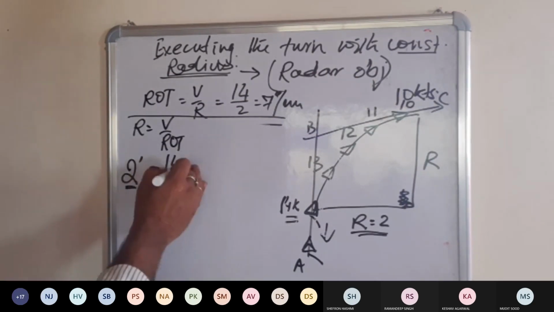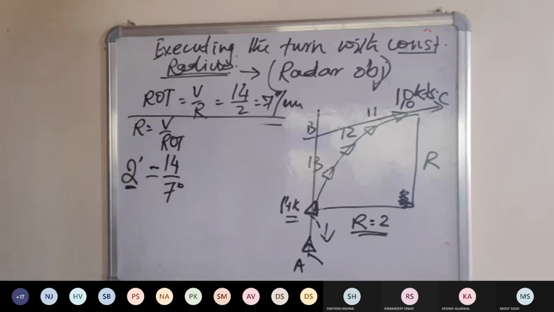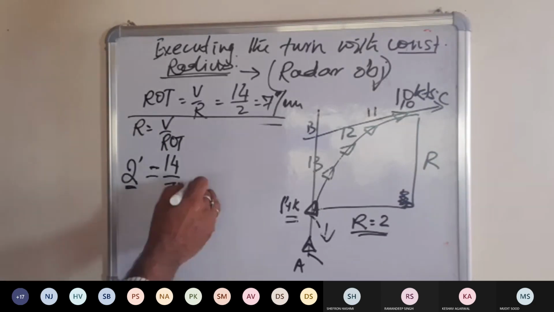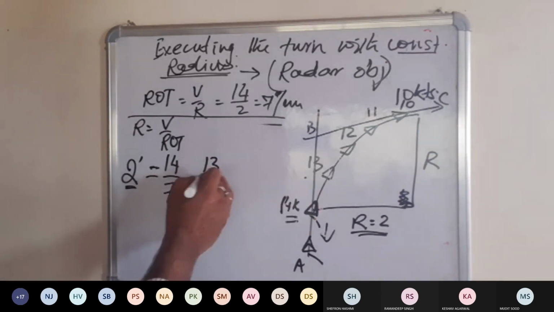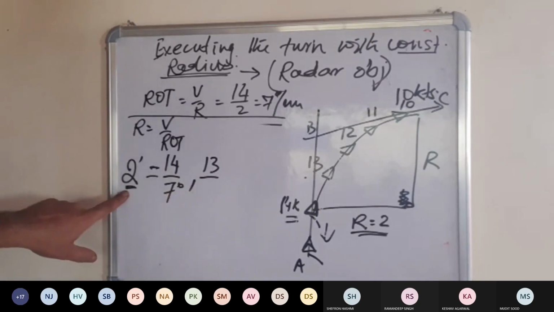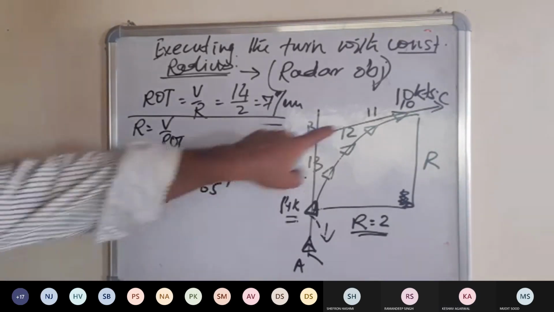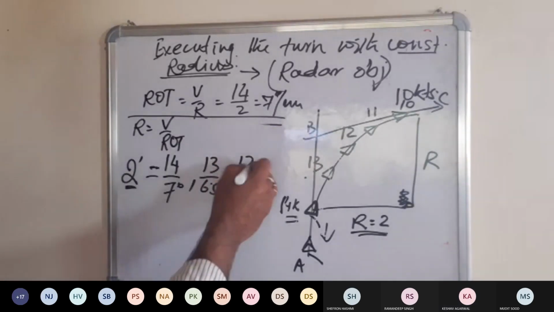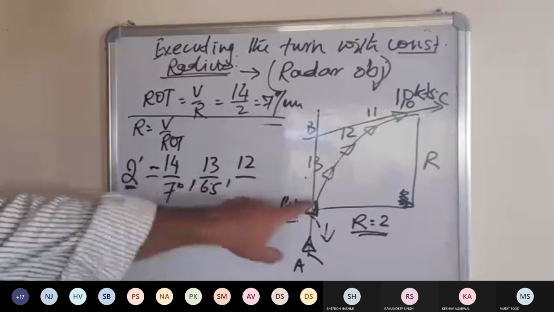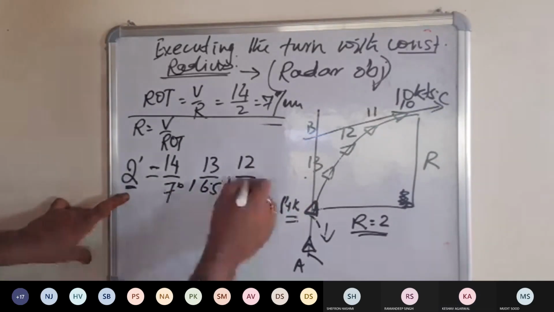When it was 14 knots, ROT was 7 degrees. Very good. We are getting this situation. But when the speed is dropping to 13 knots, how much should be the ROT to get 2 miles of radius? 6.5. Very good, 6.5. When the speed is 12 knots, what should be the ROT for getting 2 miles of radius? 6. 6.